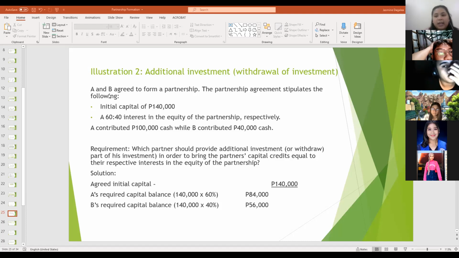Ang contribution ni A is 100,000 pero yung capital balance required sa kanya is 84,000 lang. So yung difference is A will withdraw from the partnership. Si B naman, yung contribution niya is 40,000 lang but his required capital balance is 56,000. He will need to add an investment to the partnership to make his capital balance 56,000.